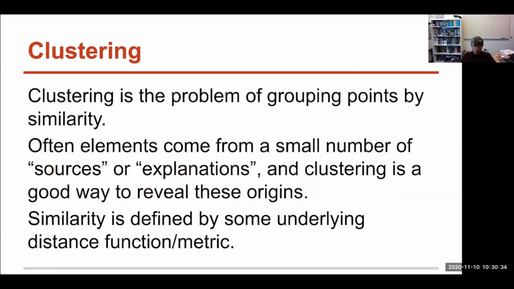So what is clustering? Clustering is the problem of grouping points by similarity. Why is clustering useful?